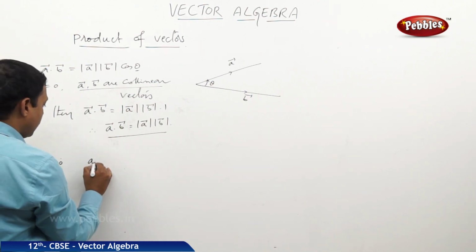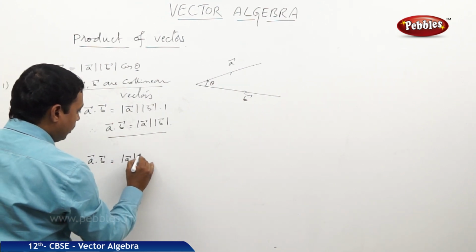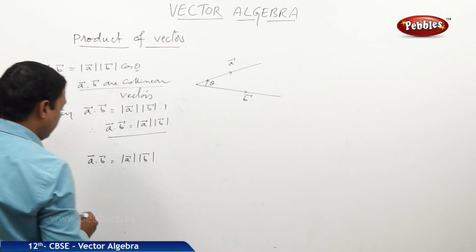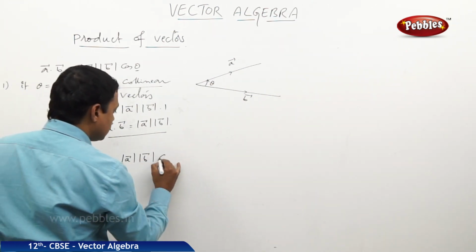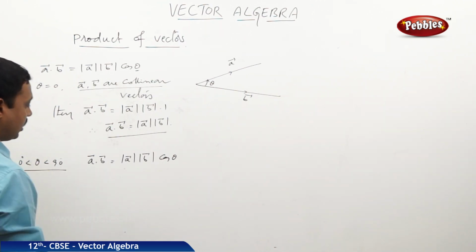Now A dot B is equal to modulus of A into modulus of B into cos theta. Here theta is less than 90 degrees but more than 0 degrees. If theta is 0 to 90, that means acute angle.